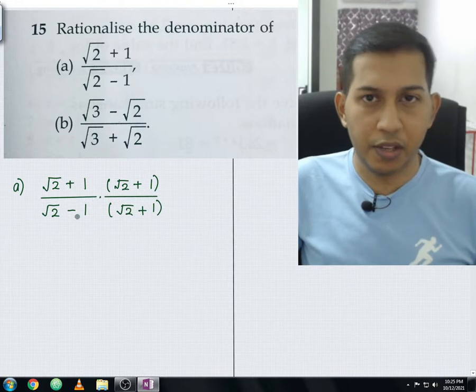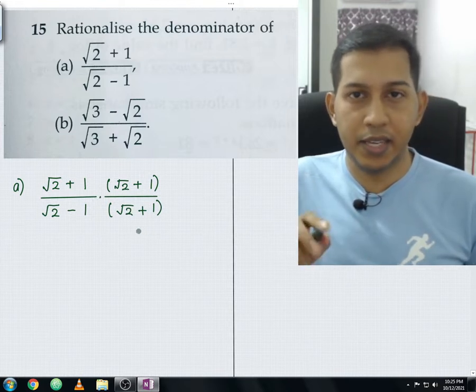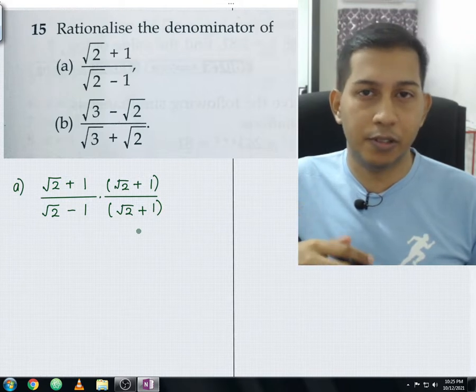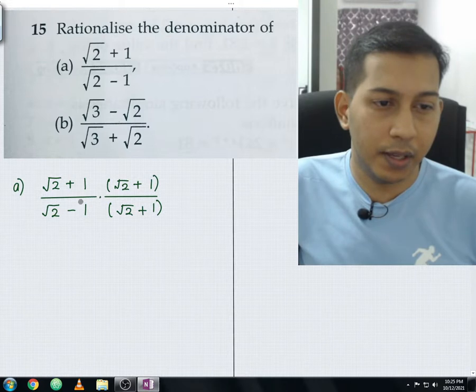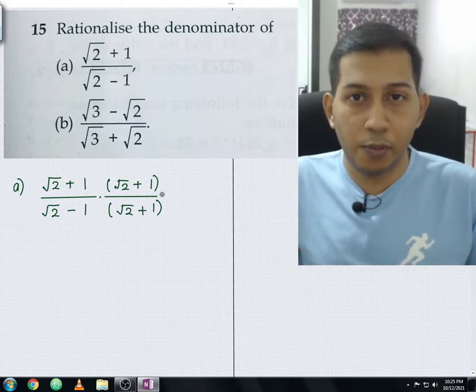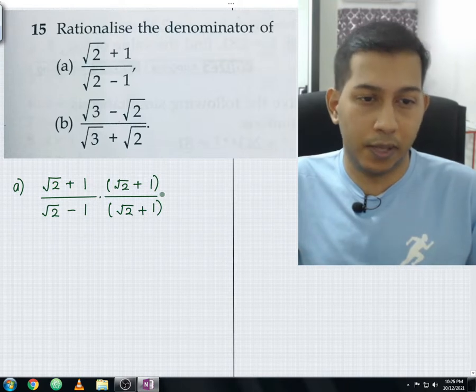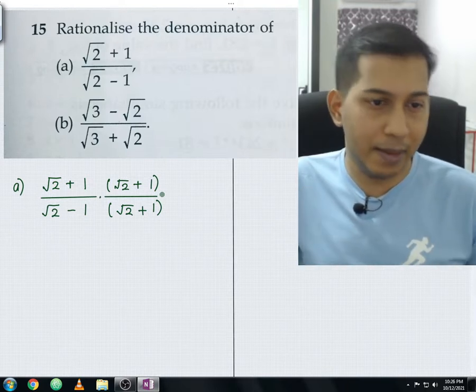For the denominator, you should not have any problem. You can just straight away apply (a − b) times (a + b), and you should get a² − b². But you really need to be careful for the numerator. Unfortunately, for the numerator, you need to perform the manual expansion. No problem, we can do it step by step.